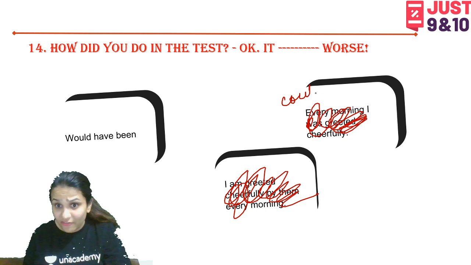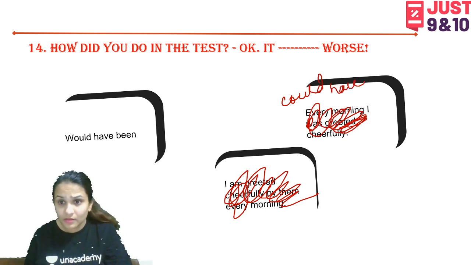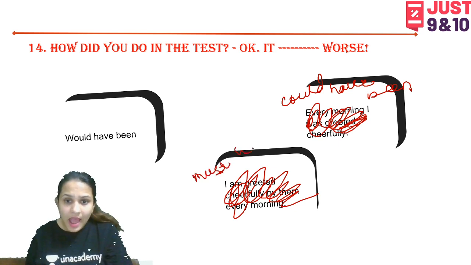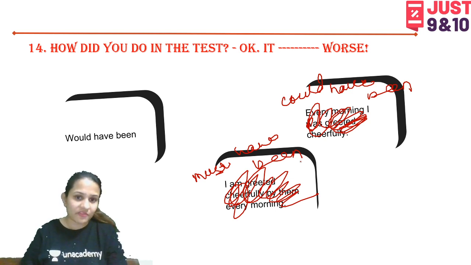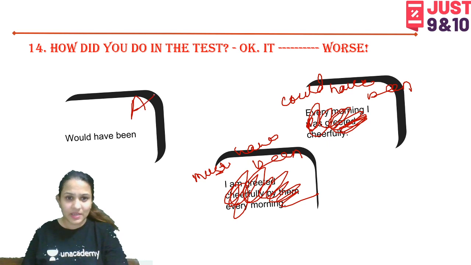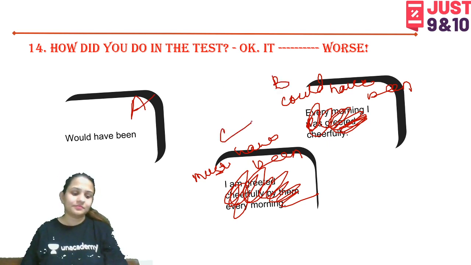It could have been worse, or it must have been worse. It dash be worse. It could have been worse. It would have been worse. It must have been worse. This being A, this being B, and this being C.